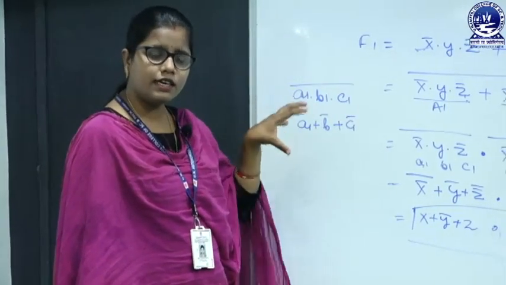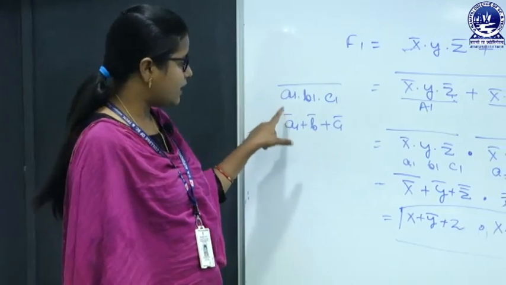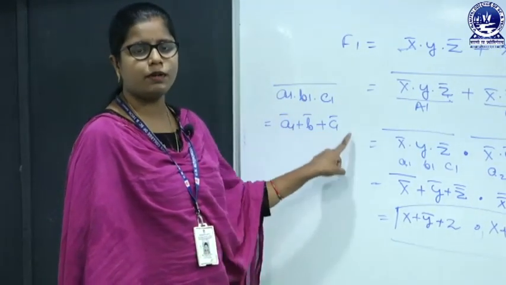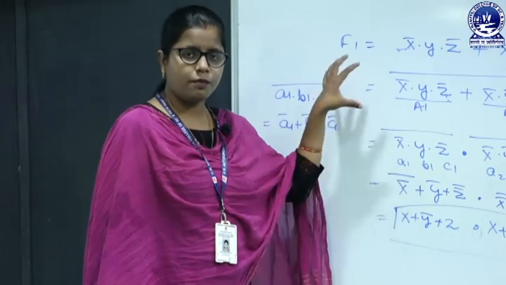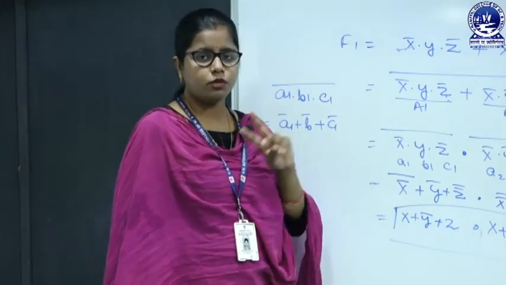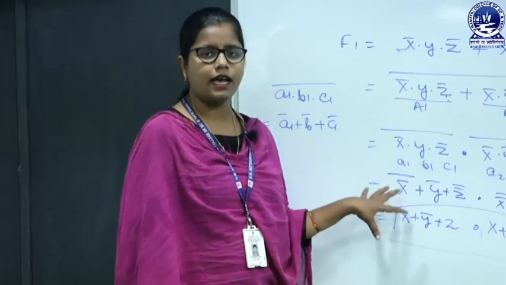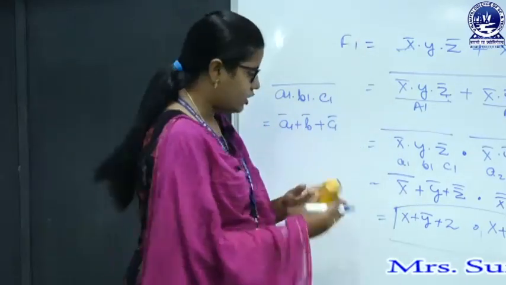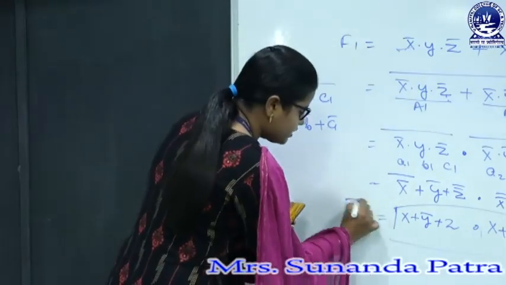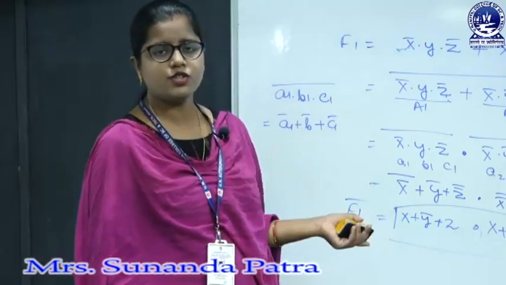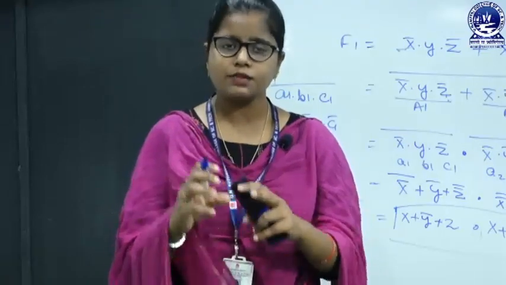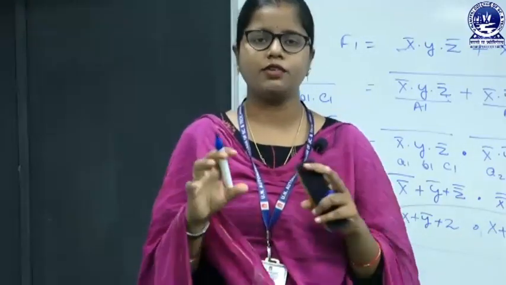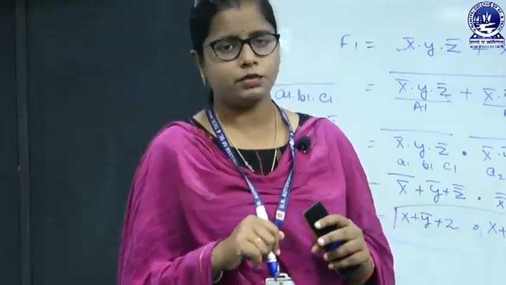And what is De Morgan's theorem there? That means a1' plus b1' plus c1', and we applied that here. So by applying De Morgan's theorem two times, we got the result as the complement of F1. In this way, you can apply De Morgan's theorem as many times as necessary, and you can obtain the complement of that function.